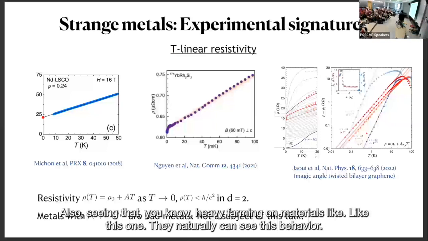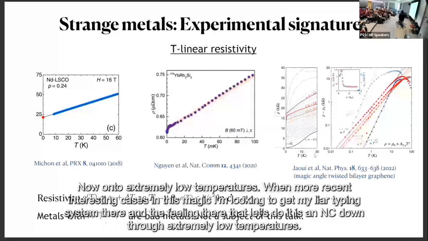Also seen in heavy fermion materials like this one, where they actually can see this behavior down to extremely low temperatures. And more recent interesting cases in this magic angle twisted bilayer graphene system, where the T-linear resistivity is again seen down to extremely low temperatures.